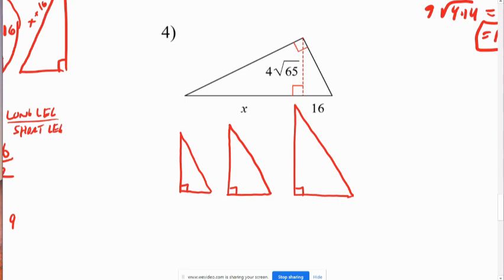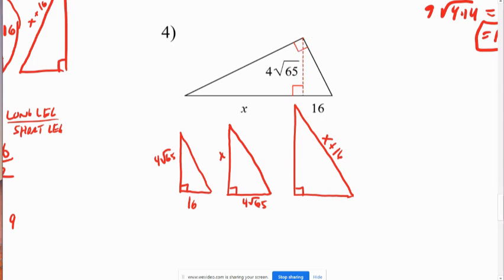And in the smallest one, that's this one over here, we know the short leg is 16 and the long leg is 4 root 65. In the medium triangle, we know the short leg is 4 root 65 and the long leg is x. And in the biggest triangle, the only measurement we know is that this is x plus 16. We don't have either of the legs for the biggest triangle.